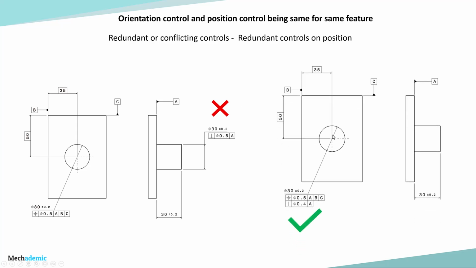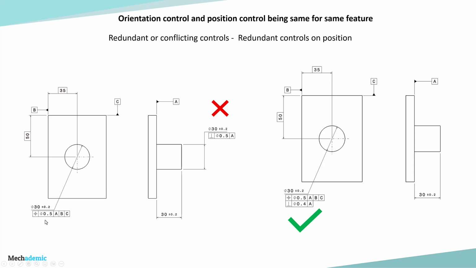Instead, we should refine the perpendicularity control to a lesser value with respect to only A, along with the position control which has already been applied. So this is a valid GD&T control which can be applied over here, where we are refining the perpendicularity of this feature of size only with respect to datum A. If we don't have this, it will be controlling this perpendicularity by default. Actually, this is not at all required.